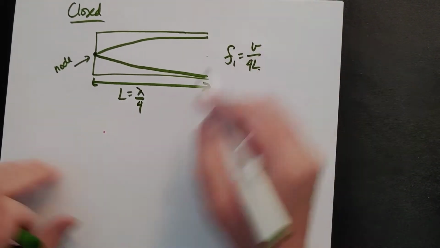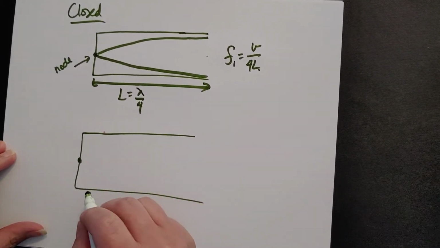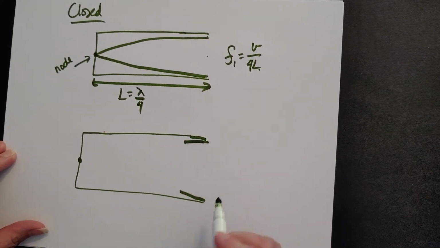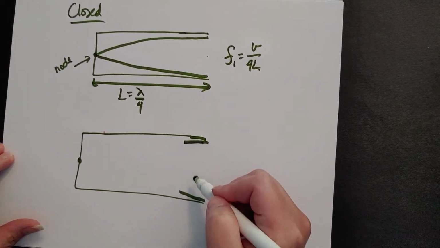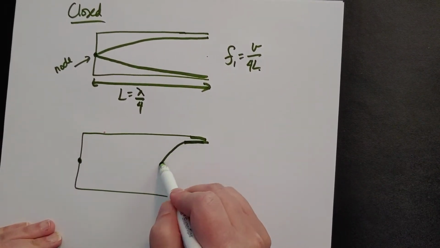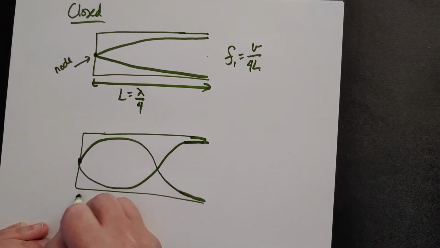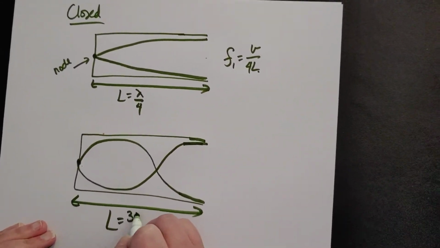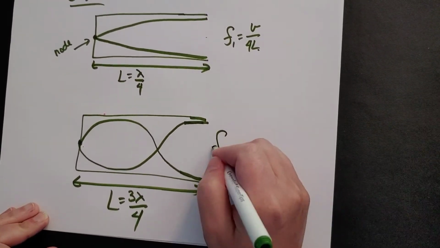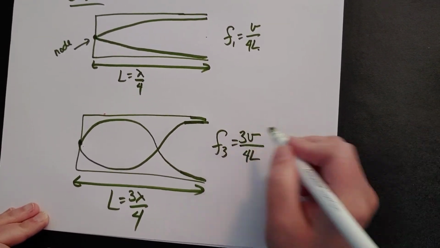All right? Now, this is where it gets a little bit interesting. If you try to draw the next harmonic, and it has to have an open end here and a node there, you will get something that looks like this, and that is 3 lambda over 4. So our f3 is v over 4L over 3.